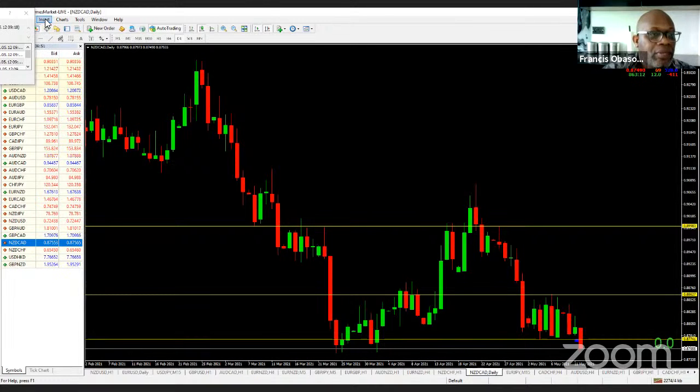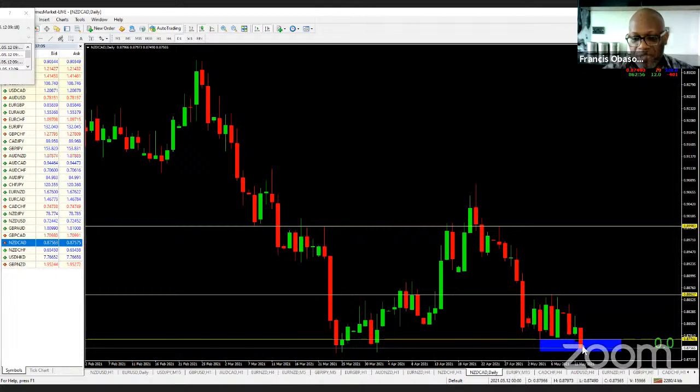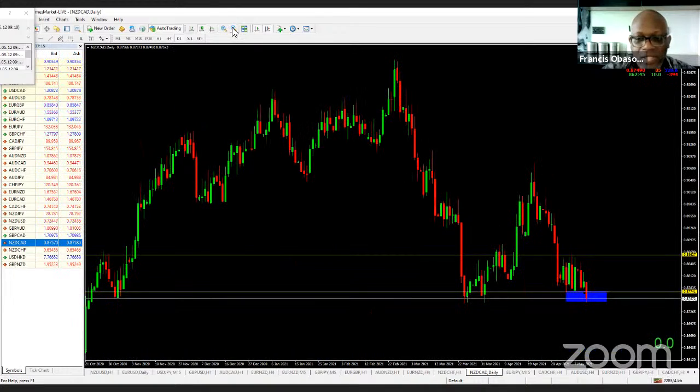Let me mark it up. If it breaks below this area, you can be pretty much sure it's going to take off to the downside. So this is New Zealand dollar, Canadian dollar, and that can happen today.